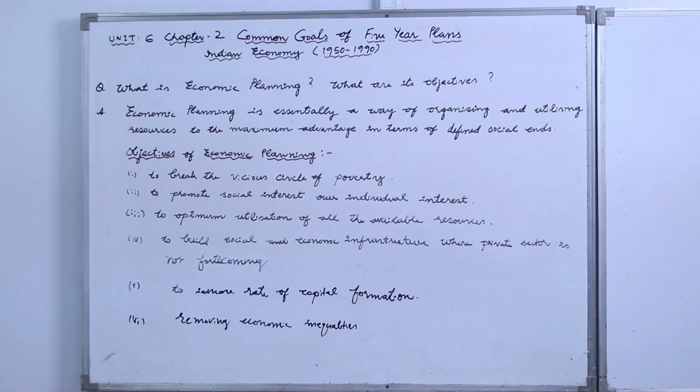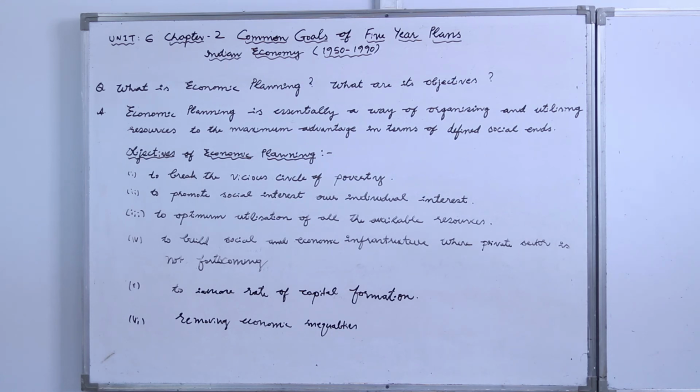The second one, to promote social interest over individual interest. The third one, for optimum utilization of all the available resources. The fourth one, to build social and economic infrastructure where private sector initiative is not forthcoming. And the fifth point, to increase the rate of capital formation, that is investment.